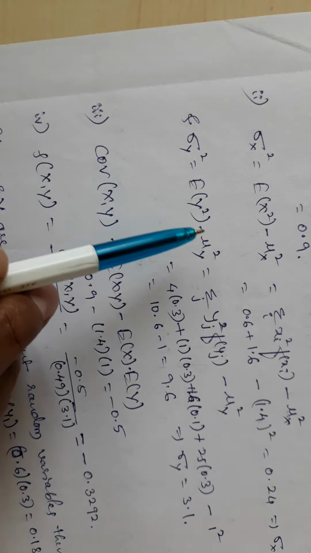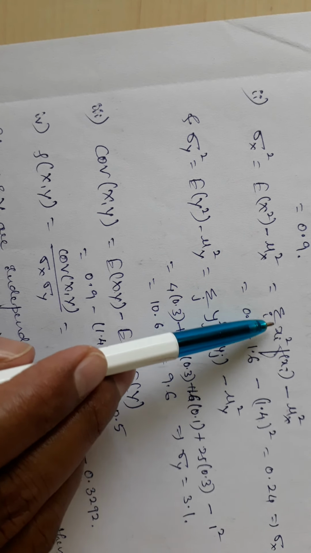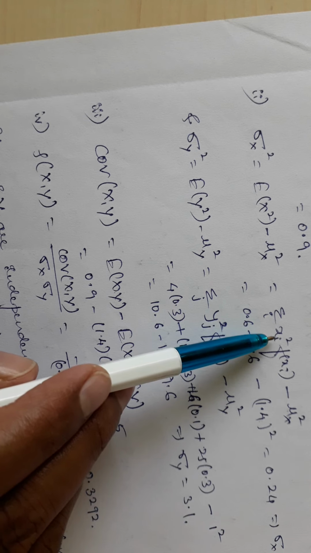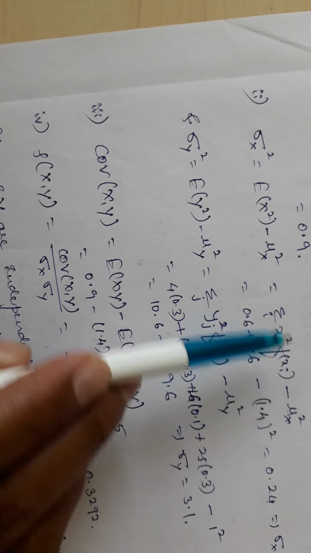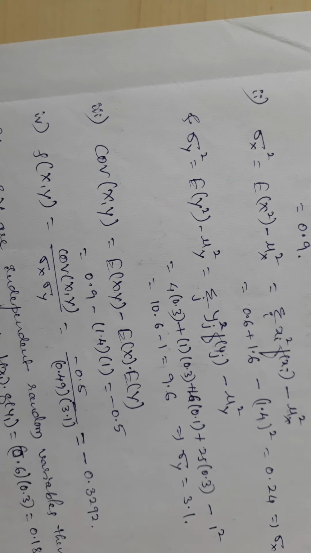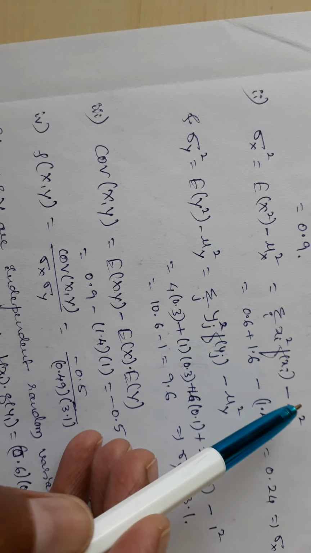Now we need to find the expectation of x square, that is replacing x by x square: summation of xi square into f of xi, minus mu x square as it is. We have the x values, and we need to take the square and multiply by f of x.